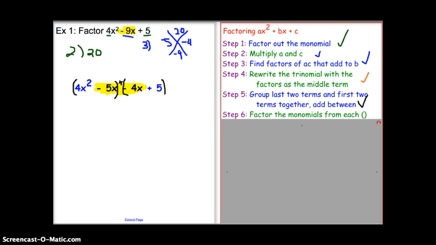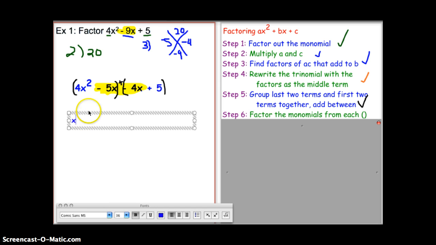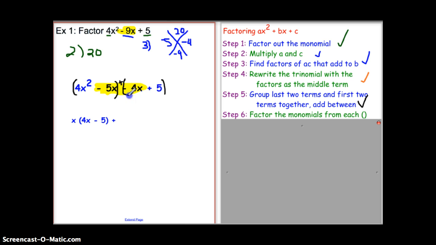Step 6, factor the monomial from each parenthesis. Sometimes your monomial is just 1. We'll have to see what it turns into in this case. So let's see, between 4x squared and negative 5x, well, they both have an x in common. So I'm going to factor out x, so that leaves me with 4x minus 5. Then the second group, you always want your lead coefficient to be positive.